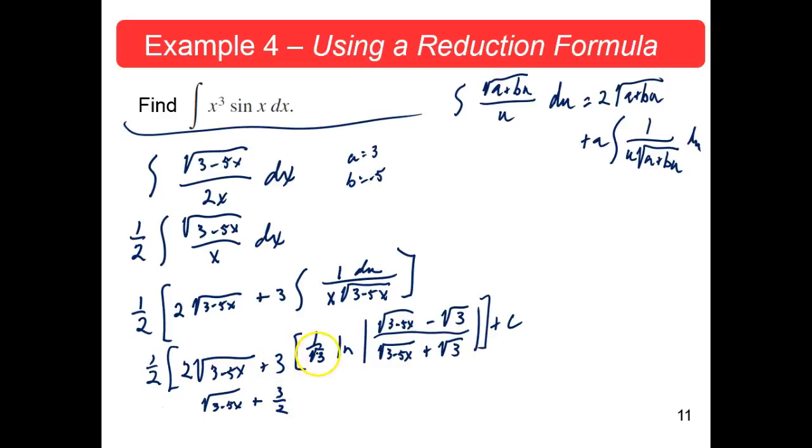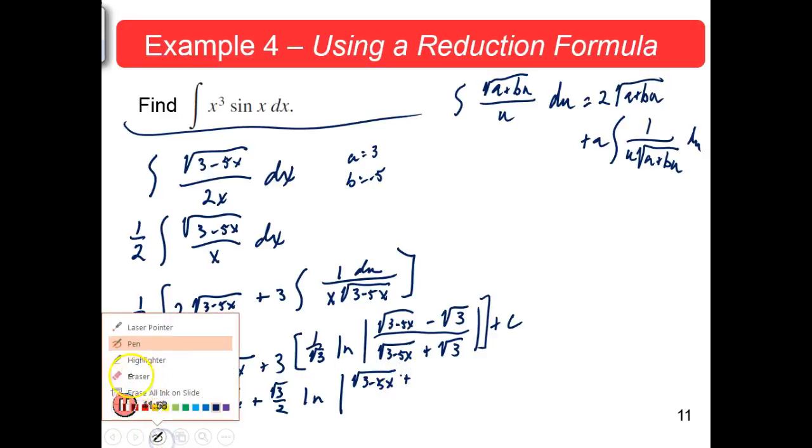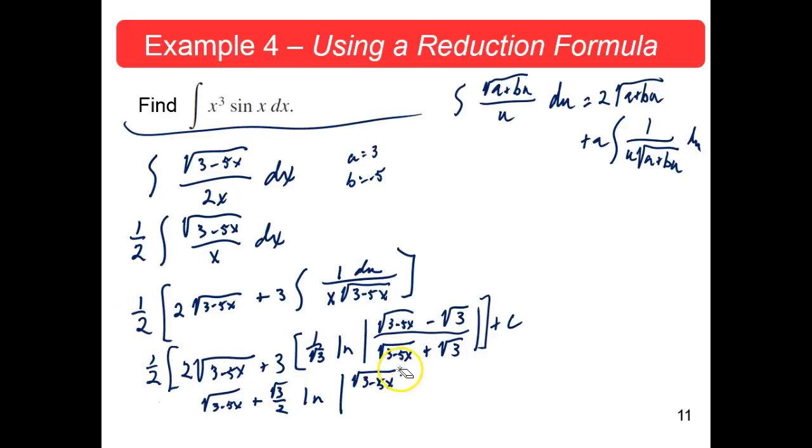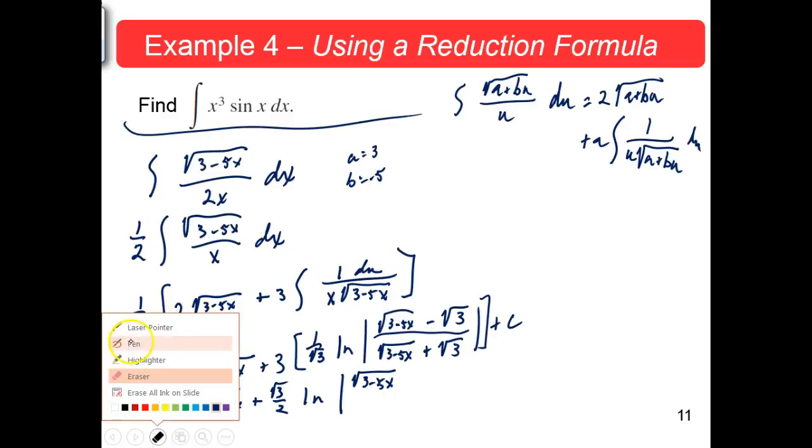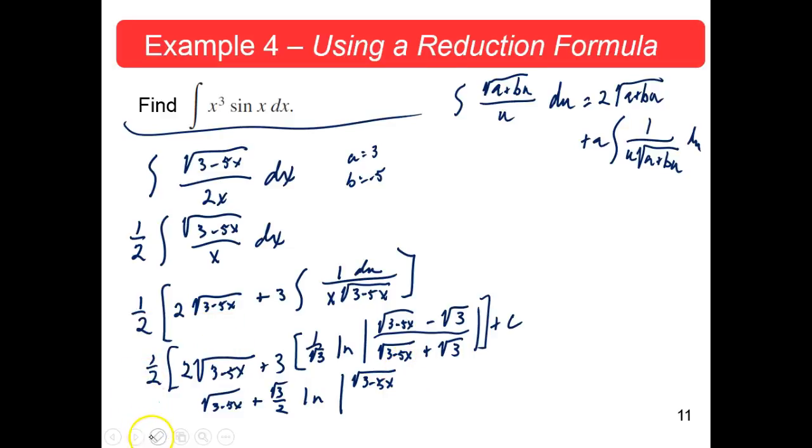And I'm going to do a 1 over root 3 and just make that a root 3 plus root 3 over 2, the natural log of, and then this, I don't think there's anything you can do to help it, the square root of 3 minus 5x minus root 3 over the square root of 3 minus 5x plus root 3, plus c.